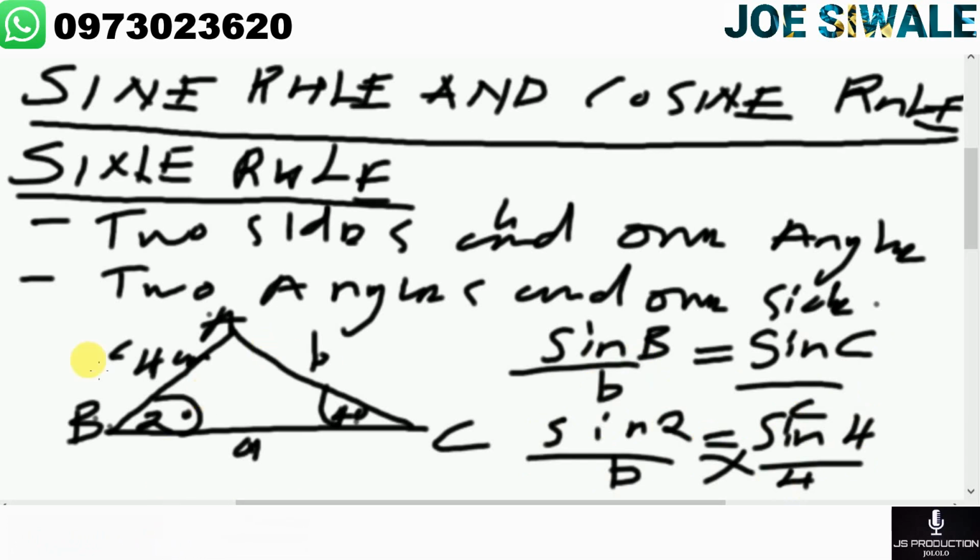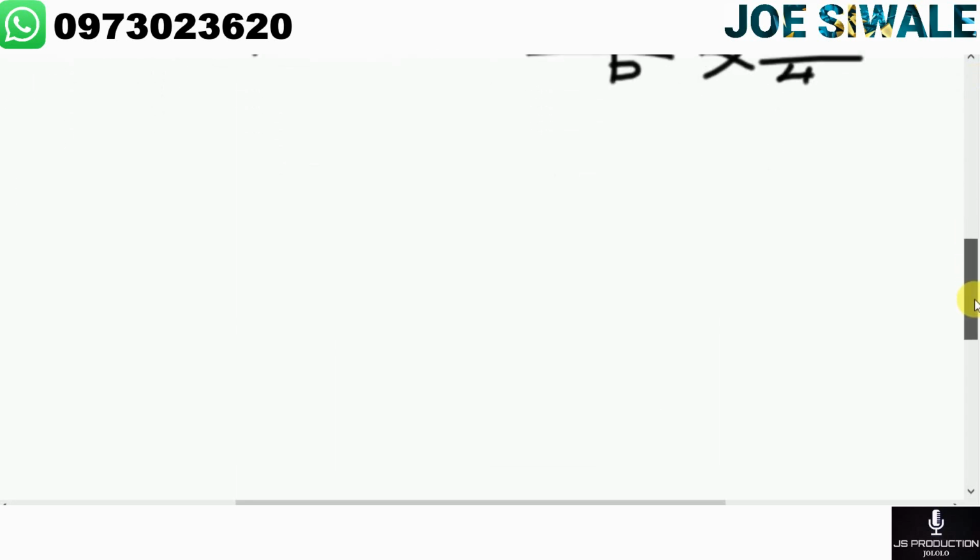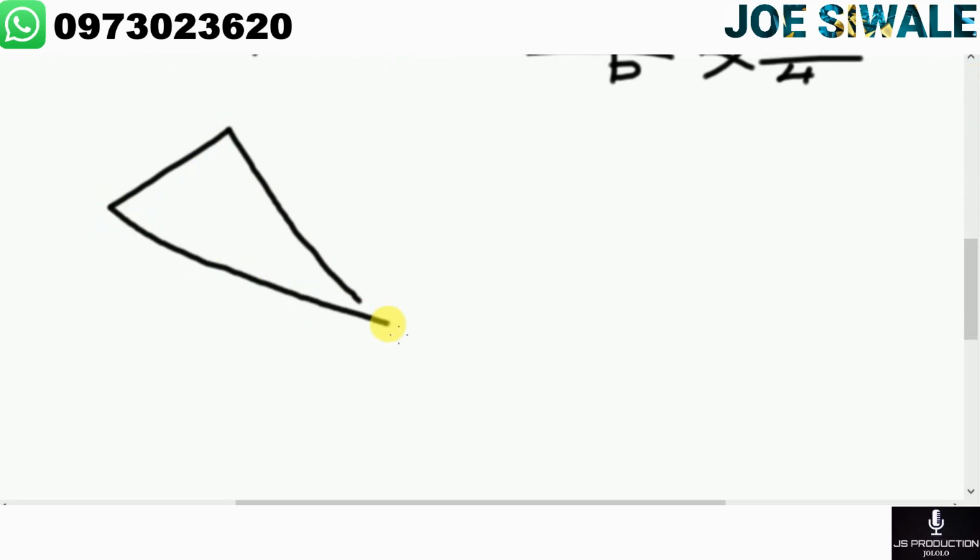Let us look at when you have been given two sides and one angle. I'll give another example here. It actually depends on the side or the angle that you have been given. It will depend whether you're going to use the sine rule or the cosine rule.